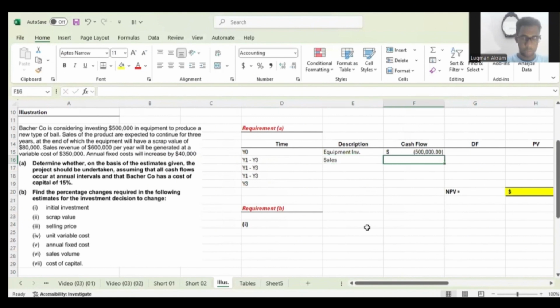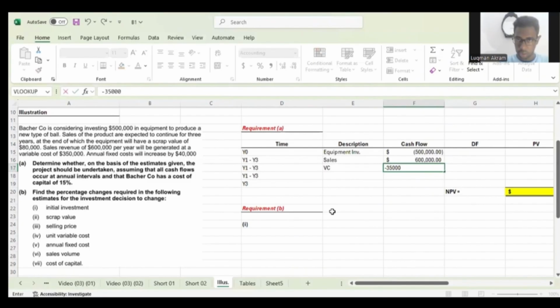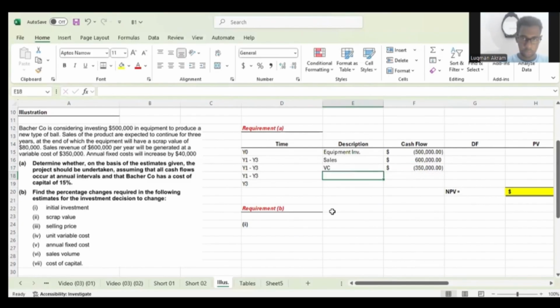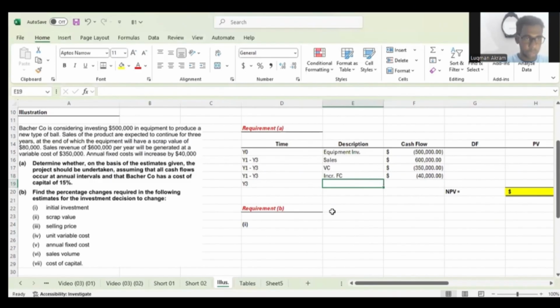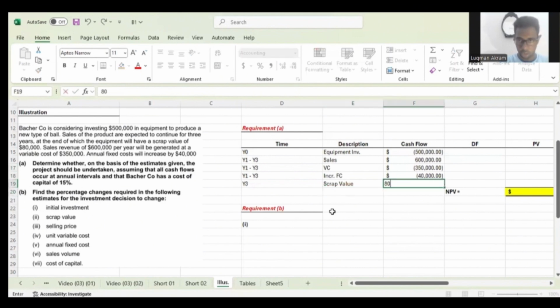This would be a positive figure as it is a cash inflow of $600,000. Then the variable cost, which would be a cash outflow since it is an expense. Then the incremental fixed cost, which would be $40,000. And last but not least, the scrap value, which would be $80,000.